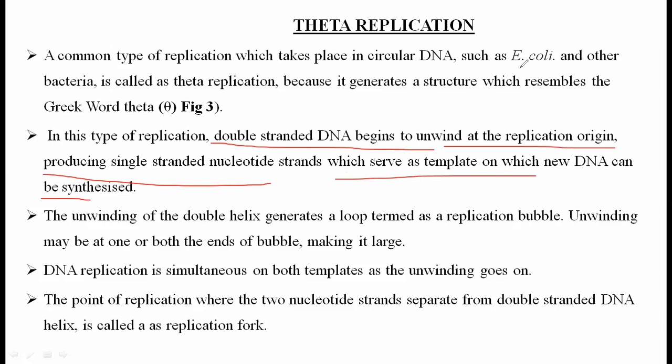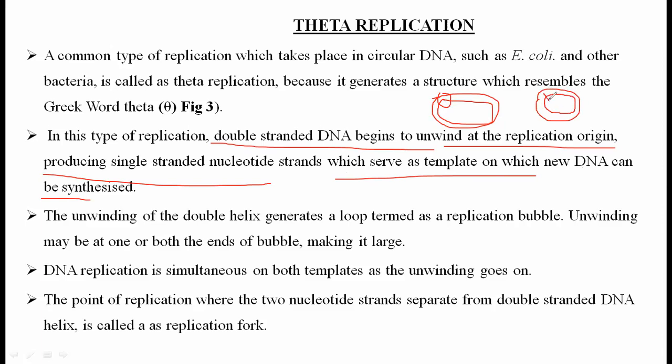We have a double-stranded DNA. Before it starts replication, it has to unwind from somewhere. When it unwinds, you will get two different nucleotide strands, right?